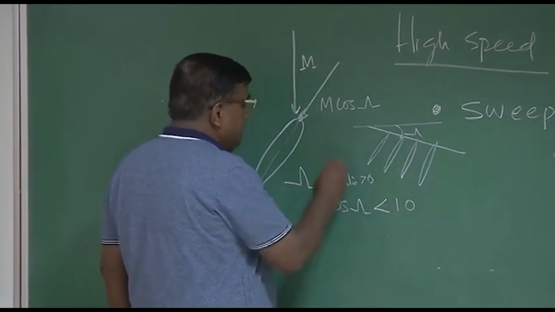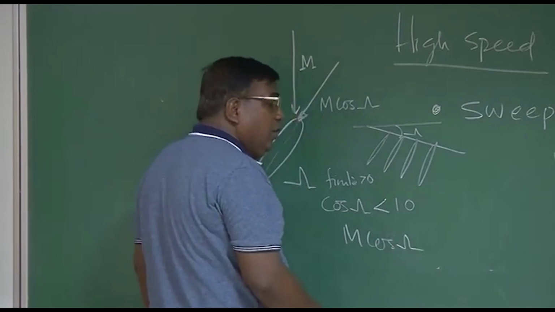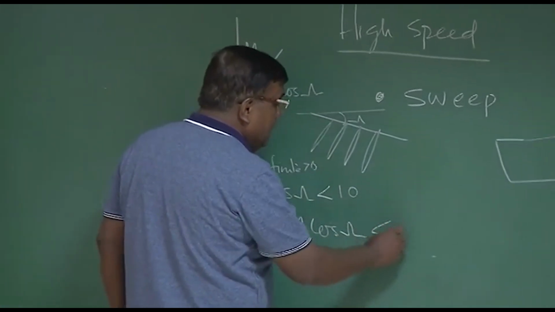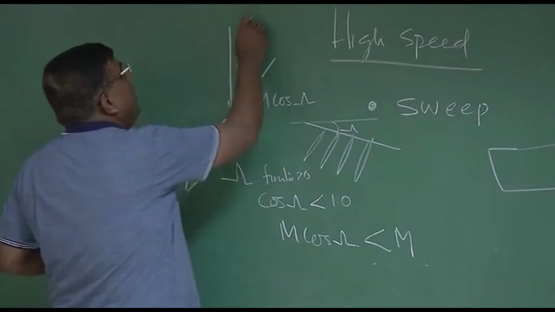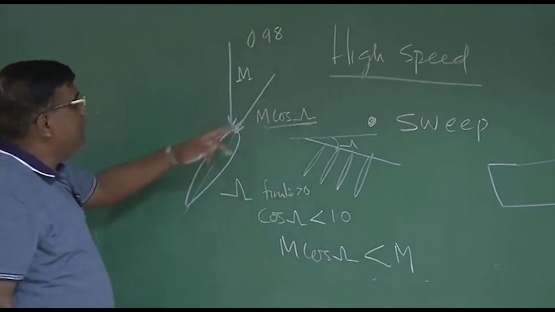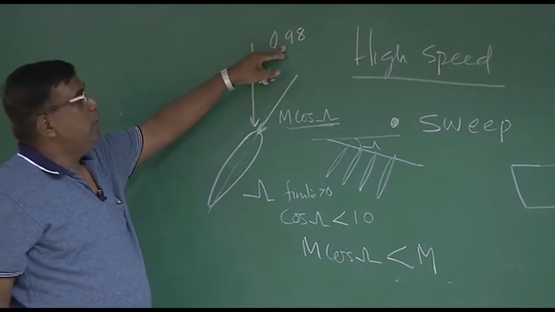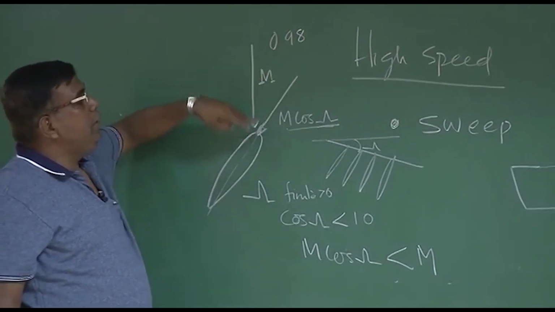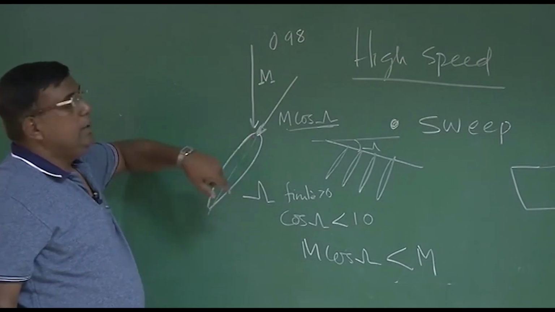If it is less than 1, then M cos lambda for a finite value of lambda will be less than M. If, let's say, it is 0.98, then depending upon the lambda you have chosen, this normal component can become 0.95. So you are reducing the transonic effect seen by this aerofoil.